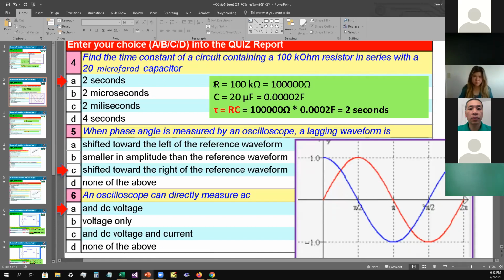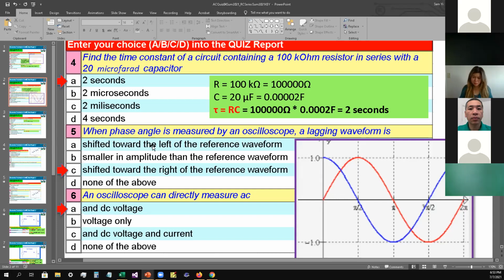So the resistance is 100 kilo ohm, converted to 100,000 ohms, and the capacitor is 20 microfarad, so that's 0.00002 farad. The time constant equals RC, so 100,000 times 0.00002 farad comes out to 2 seconds. So A as in alpha for number 4.